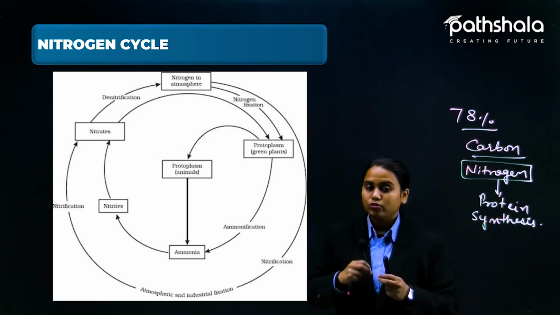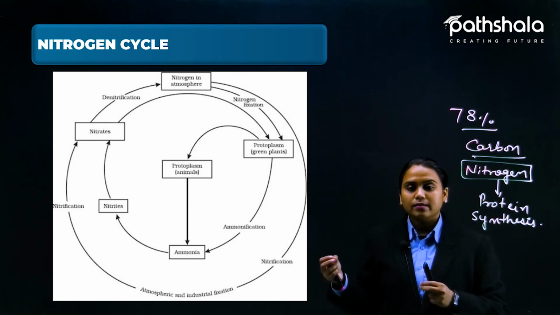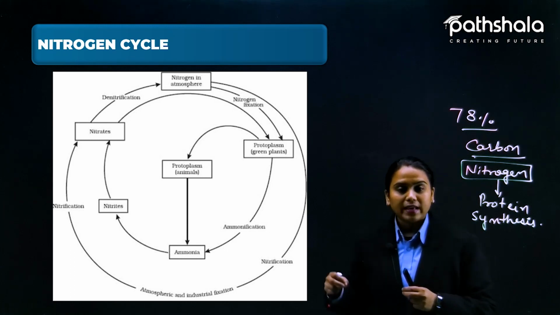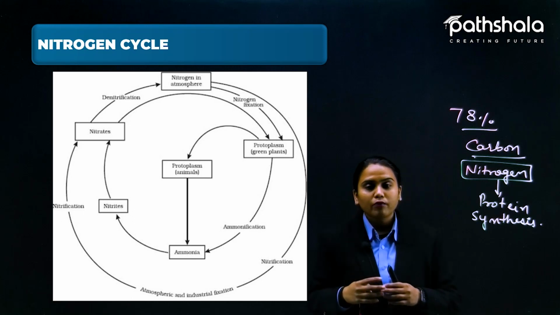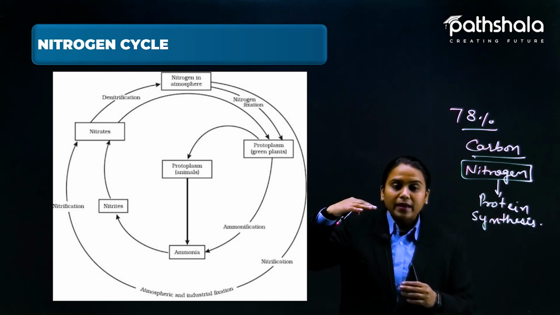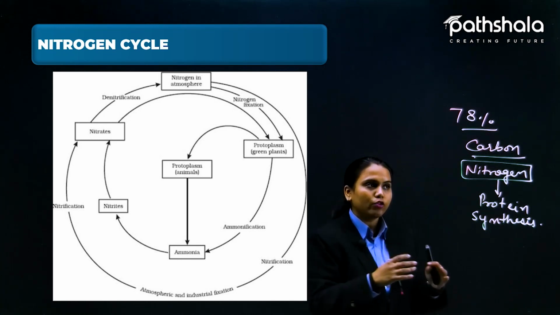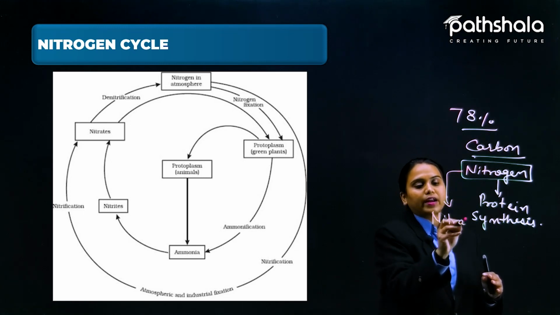It is known as nitrogen fixation also. So this is done by these organisms, and it gets mixed up with the soil and gets absorbed by the plants, and now these plants make use of it, and then it is again going to make protein synthesis with the help of nitrate. Like nitrogen also converts itself into the form of nitrates and nitrites.